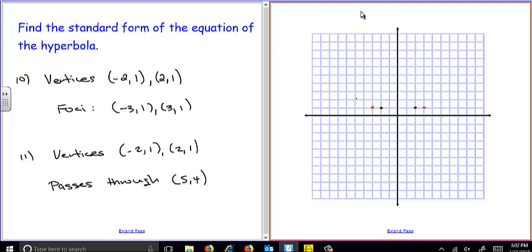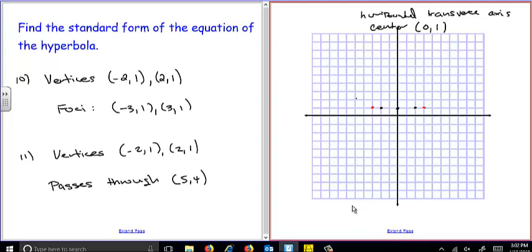From that we can say it's a horizontal transverse axis. And we can see the center is right there, right at the midpoint. So we can say the center is 0, 1. Notice the center and all these points have the same y value.